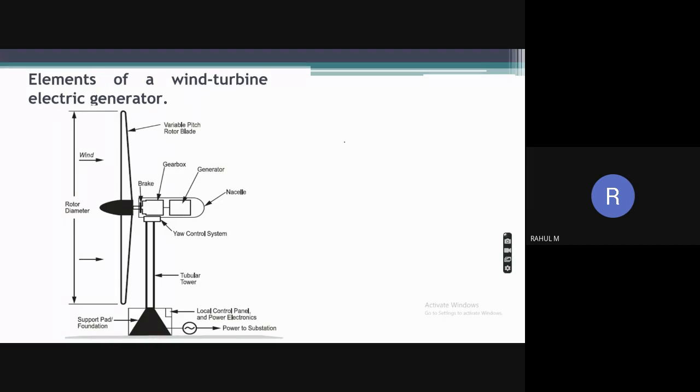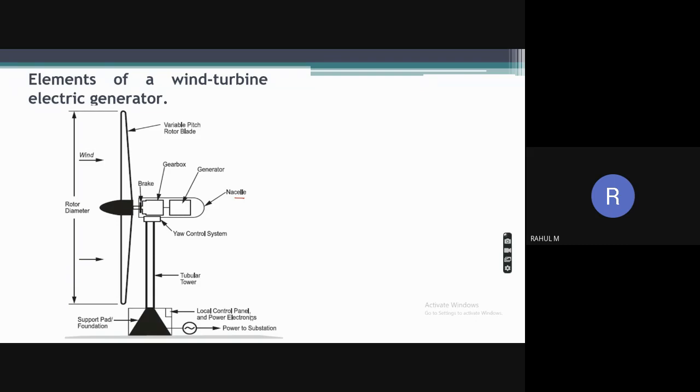We have this nacelle, which comprises the gearbox, generator set and all. Similarly, you have the rotor blade, followed by a tubular tower, and the complete setup is mounted over a foundation or support pad. From this, the power that is generated is transferred to the substation. So these are the very basic components related to the wind turbine.